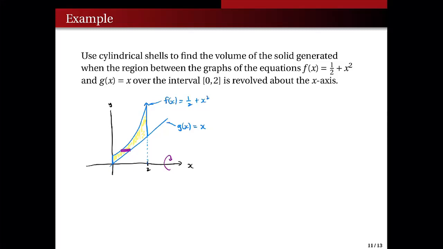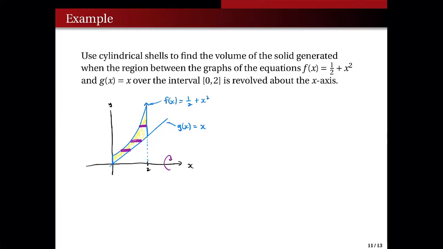So we have a horizontal strip. The motion will be vertical. So if we go up, we have this. We still go up, we will have this. Let's just get one cylindrical shell.